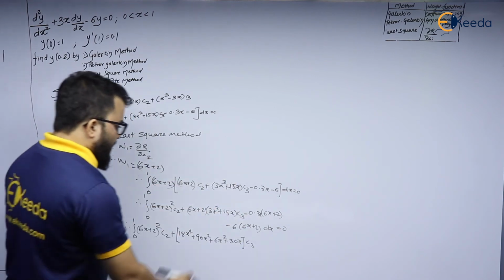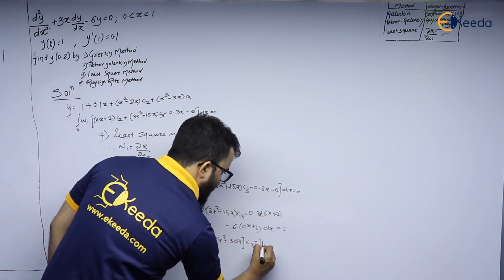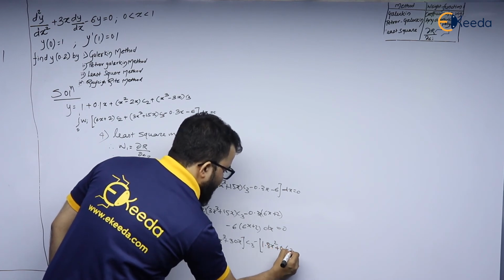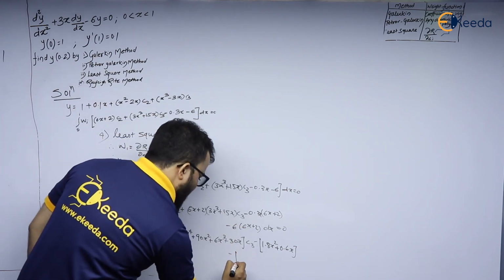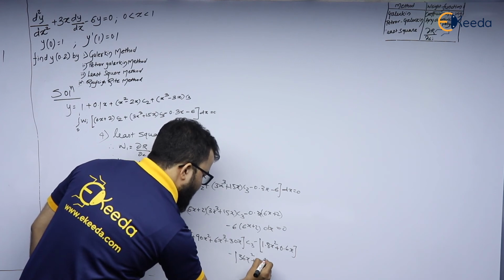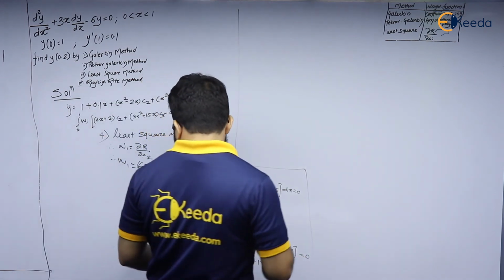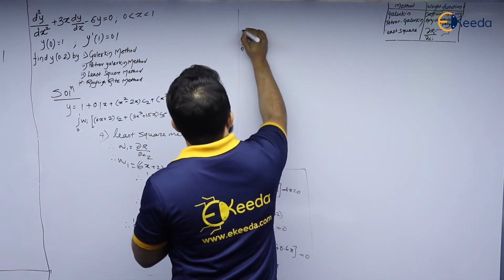Then I will multiply 0.3x into this, so this becomes 1.8x square plus 0.6x, and this becomes minus 36x plus 12 dx is equal to 0. So I will integrate this term. After integrating I will get 0 to 1.